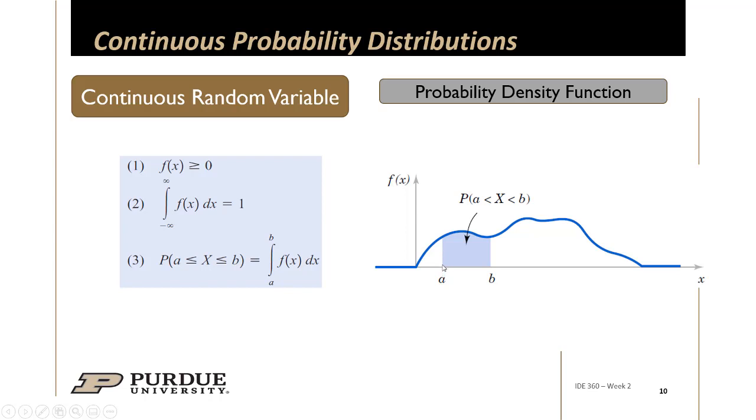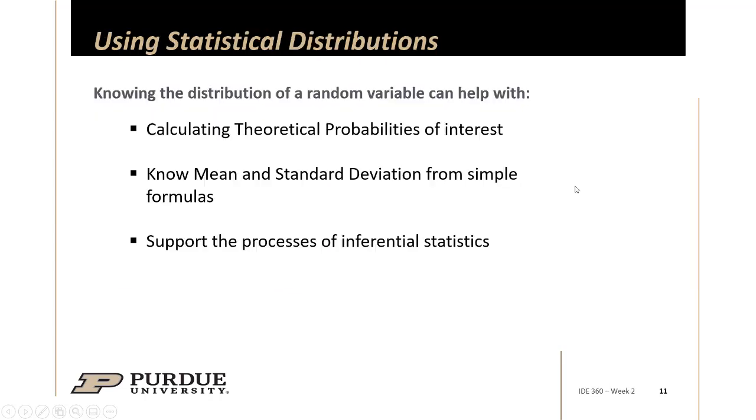That will be 0. The probability of a range of points does exist because it's calculated through calculus. The nomenclature for probability distributions of continuous random variables is probability density functions, or PDFs.